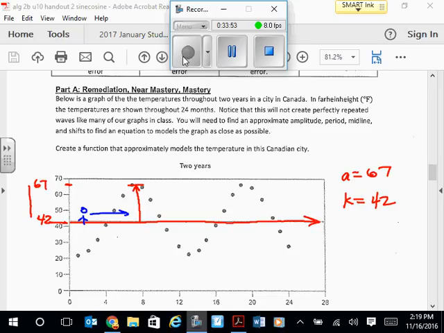Oh, no, I did it wrong. You did it right. No, I'm actually supposed to do 67 minus the 42, where I started, and where I ended. Keep putting that 25. 42. Gives me a 5 and a 2. So my amplitude is 25.